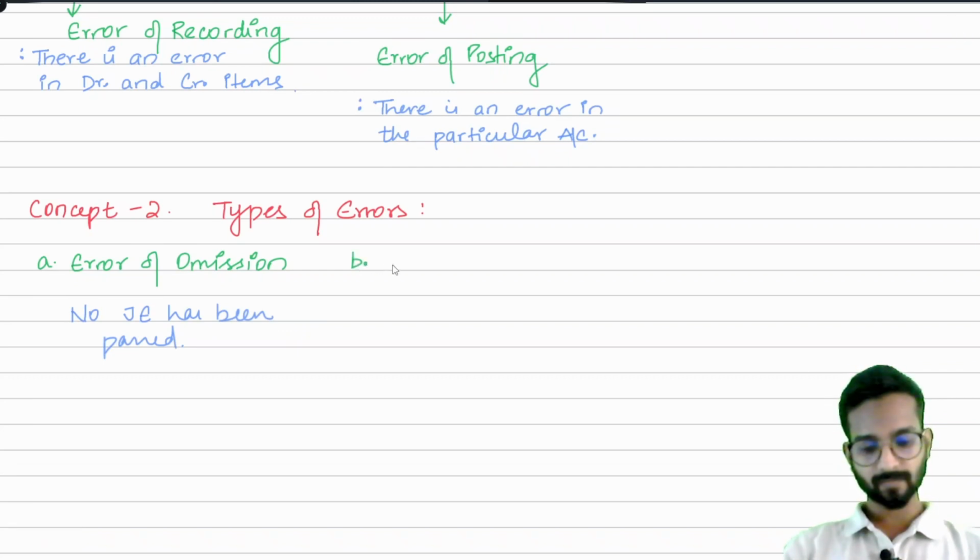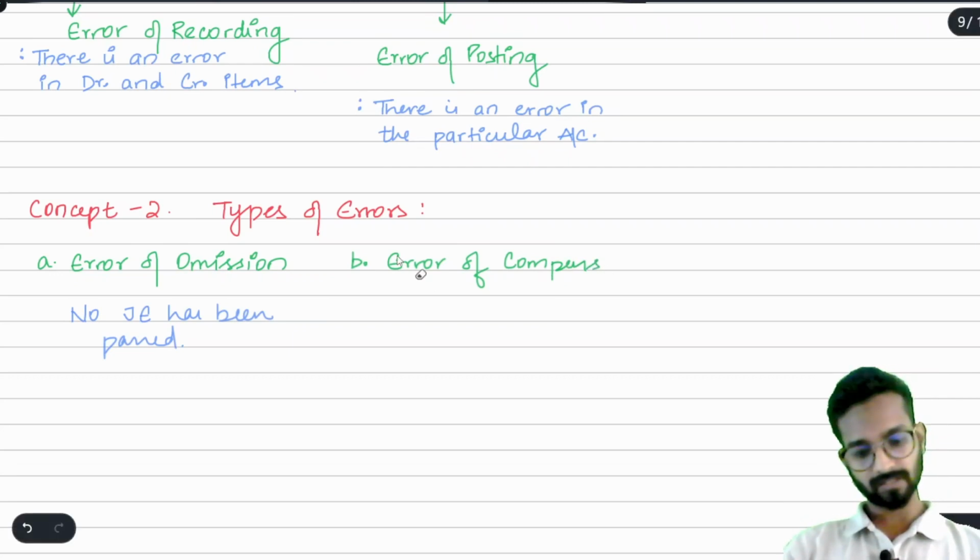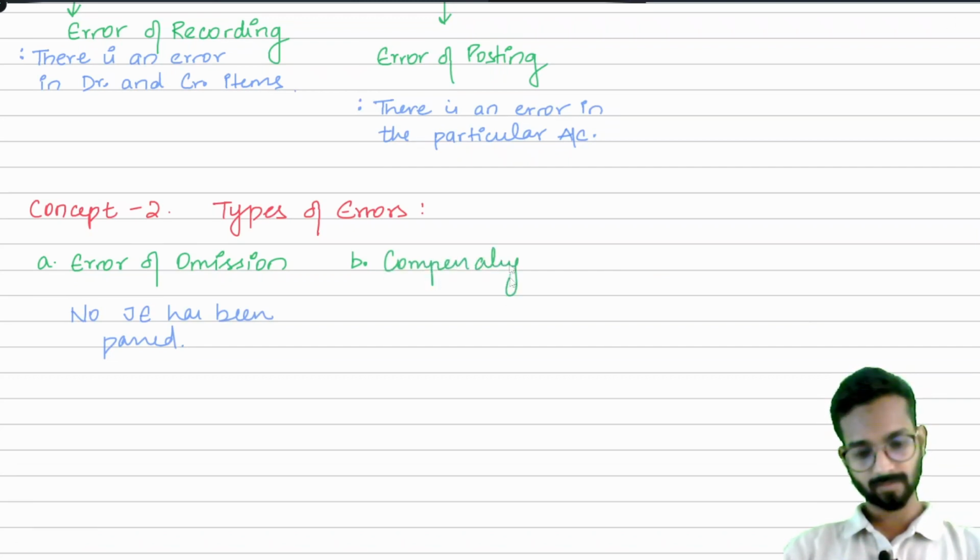Now, this is the first type of error. Second is error of compensating, or you can say compensating errors. What does it mean?